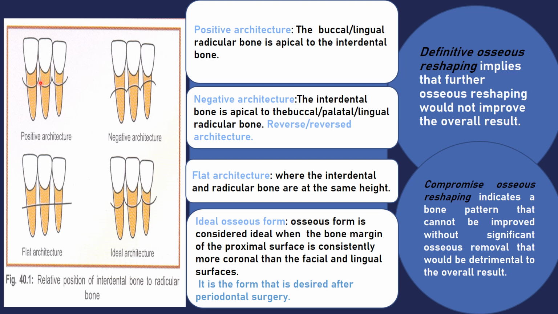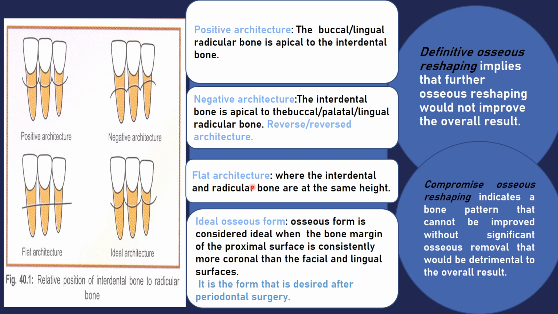That is the positive architecture. What is negative architecture? In negative architecture, the interdental bone is more apical than the buccal, palatal or lingual radicular bone. This is also called reverse architecture. So this one is positive, and this is negative, also called reverse architecture. Then what do we mean by flat architecture? Here both the interdental and radicular bone are at the same height.